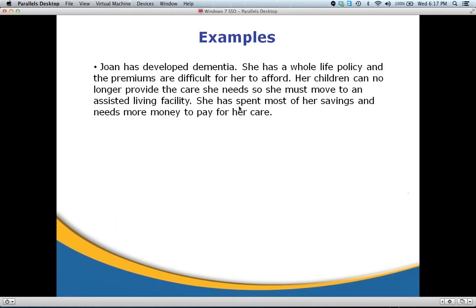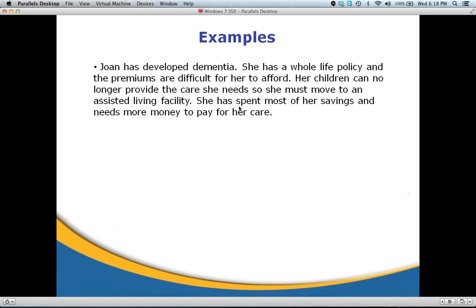So here are a couple of real life examples. These names are made up, but these are real situations that we do see take place in the market. So Joan, for example, has developed dementia. She has a whole life policy and the premiums are very difficult for her to afford. She's on a fixed income. Her children can no longer provide the care she needs. Her husband has passed away and she must move to an assisted living facility.